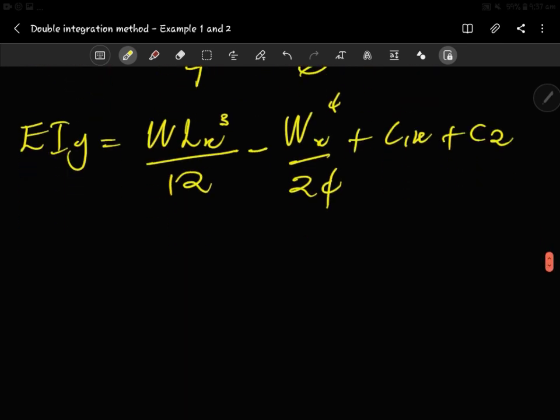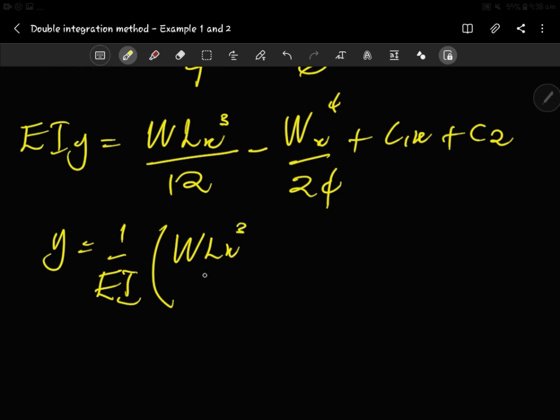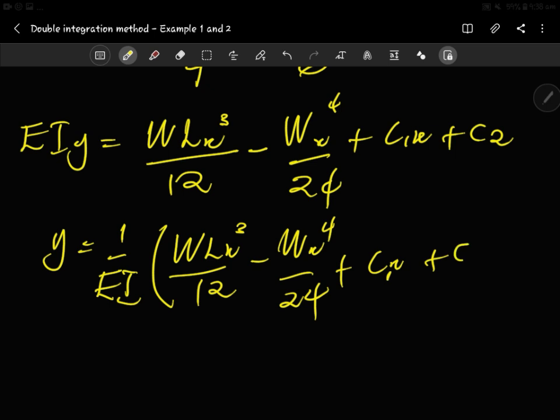Now that we have this, because our interest is in finding y, it's appropriate to make y the subject and then find the constants. So let's make our work easy. y will give us 1 on EI into the bracket: WLx to the power 3 on 12 minus Wx to the power 4 on 24 plus C1x plus C2.